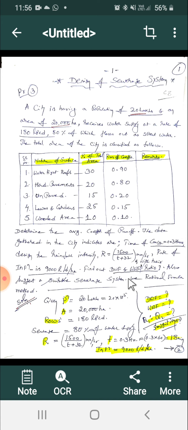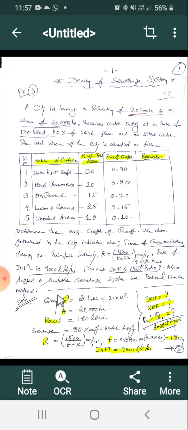Find out DWF and WWF with their ratio. Also suggest a suitable sewerage system, which type of pipeline is suitable, whether a combined flow, separate flow system or partially separate, like that.